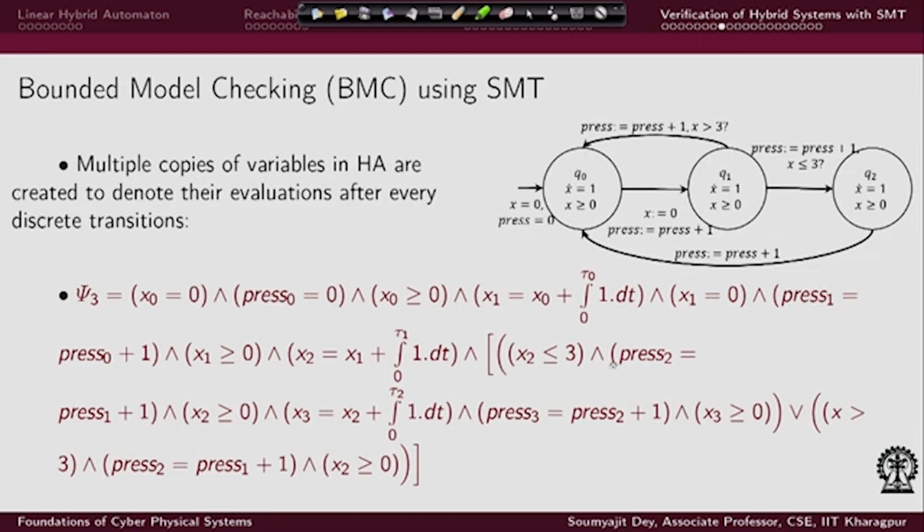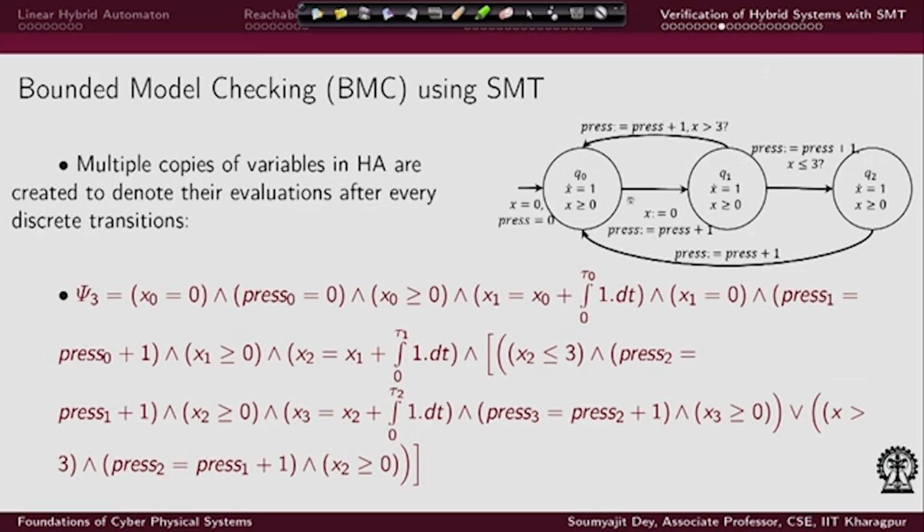So one way would be that it can satisfy this way and come here. So one clause would be x2 less than or equal to 3, and then you will have the dynamics of this state getting captured with x2 greater than 0, the state is evolving, and then press is being incremented here, and all that, right? Or you will have the dynamics moving the other way, like this, which is x greater than 3.